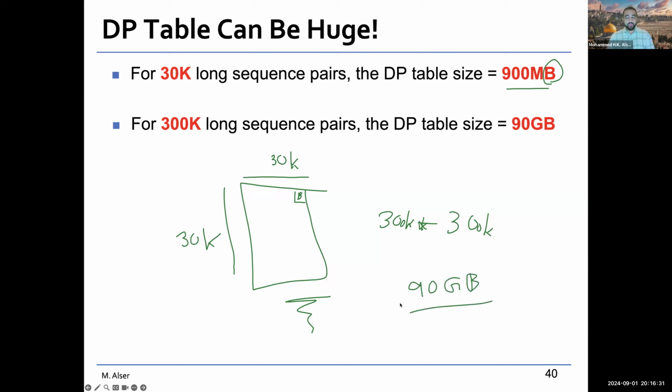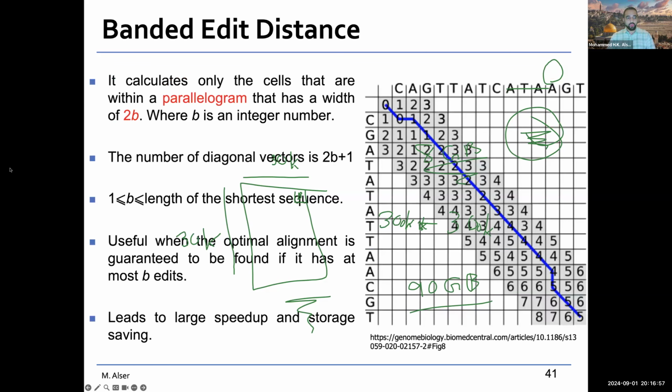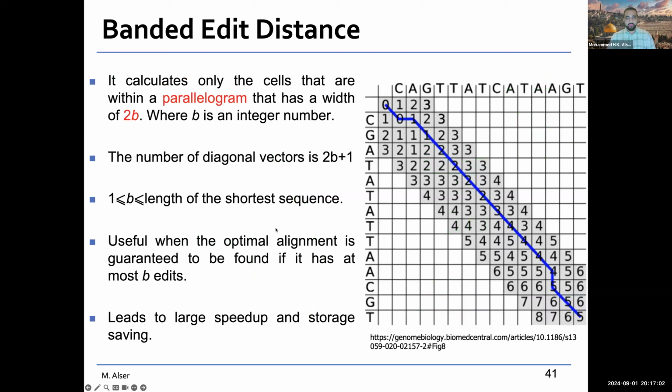That's a very huge table, and may not fit in your DRAM. Most of your DRAM, in your laptops or computers, is about 8 gigabytes. So that will cost you a lot. Your software or whatever tool you are building to build this table is going to take weeks to complete.